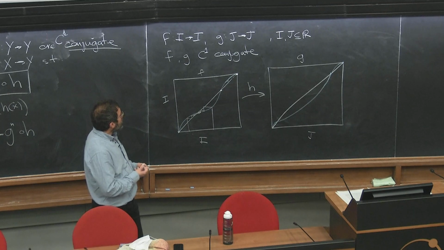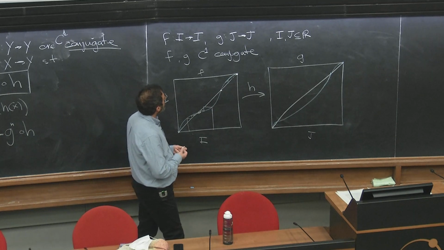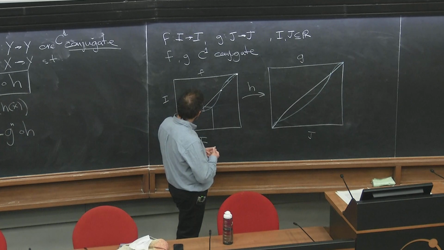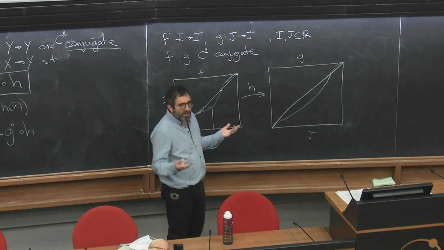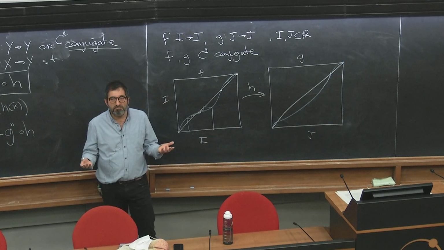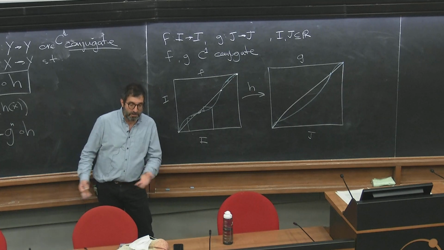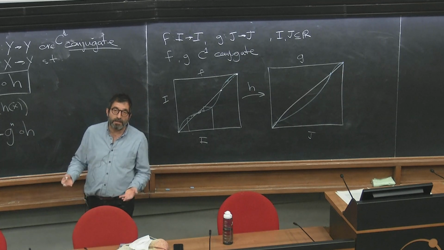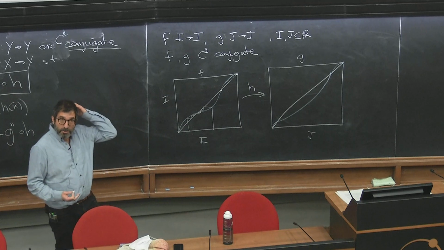What if this conjugacy is differentiable, is C1? What difference does it make? Maybe it's the same as topological conjugacy. We don't gain anything by knowing that it's C1 conjugate.